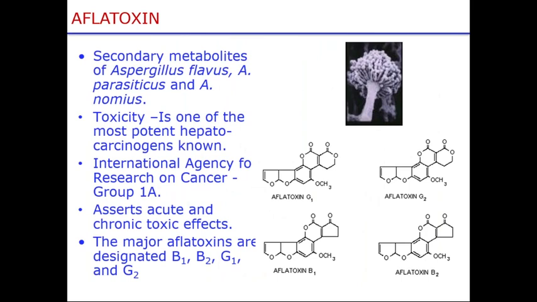So aflatoxin, there are 4 types of aflatoxin. It is one of the most potent carcinogens, that is of the liver. It exerts acute and chronic effects. You have B1, B2, G1, and G2. Their names B and G are got because they exhibit blue and green fluorescence. So G exhibits green fluorescence and the B exhibits blue fluorescence.